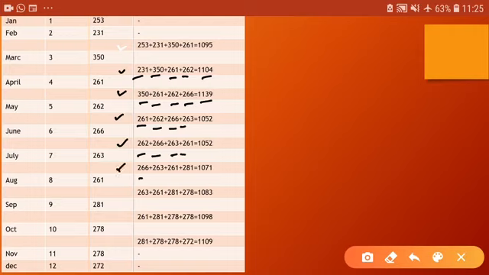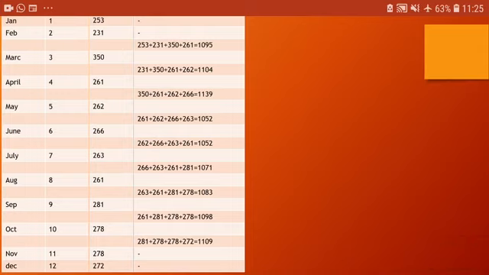Between July and August, 266, 263, 261 and 281. Between August and September, 2 up, 263, 261, 2 down, 281 and 278. Between September and October, 261, 281 and 2 down, 278, 278. Then between October and November, 281, 278 and 278, 272.